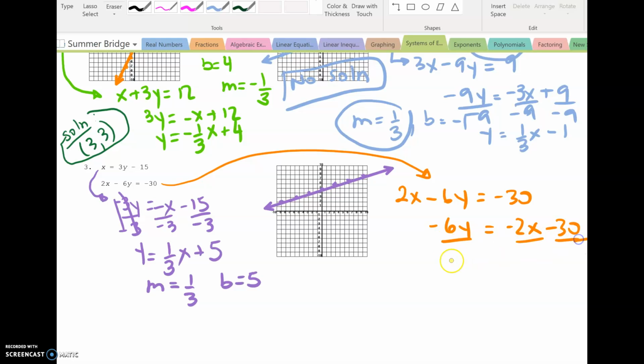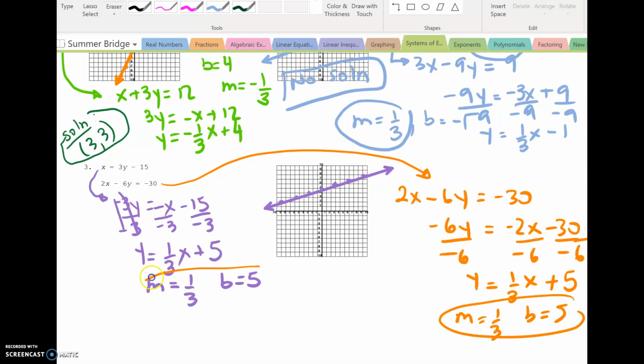Divide every single term by negative 6. So that becomes y is equal to positive 1/3 x plus 5. Now notice, I have my same slope, which is 1/3, and I have the same y-intercept as my other equation.